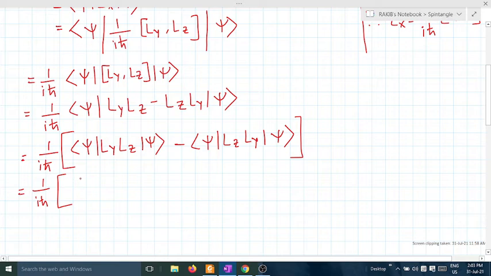Then we can write it as follows. Lz psi is equal to m h cut psi.